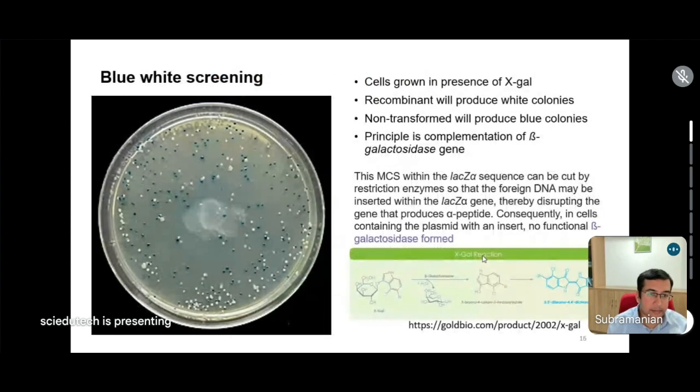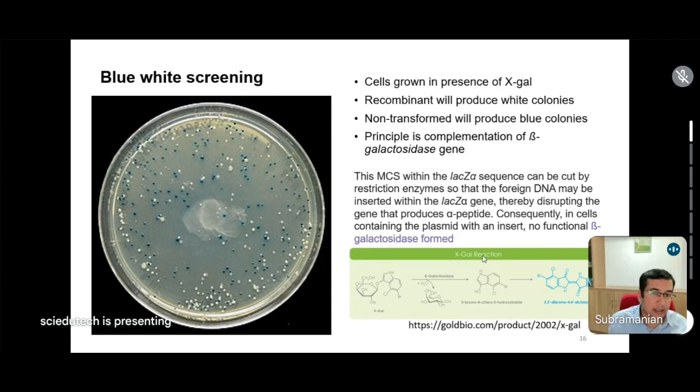Next slide, please. So this is how a plate with blue and white colonies looks. These are transformed and non-transformed bacteria on an agar plate. So cells are grown in the presence of X-gal, and recombinants will produce white colonies while non-transformed will produce blue colonies.